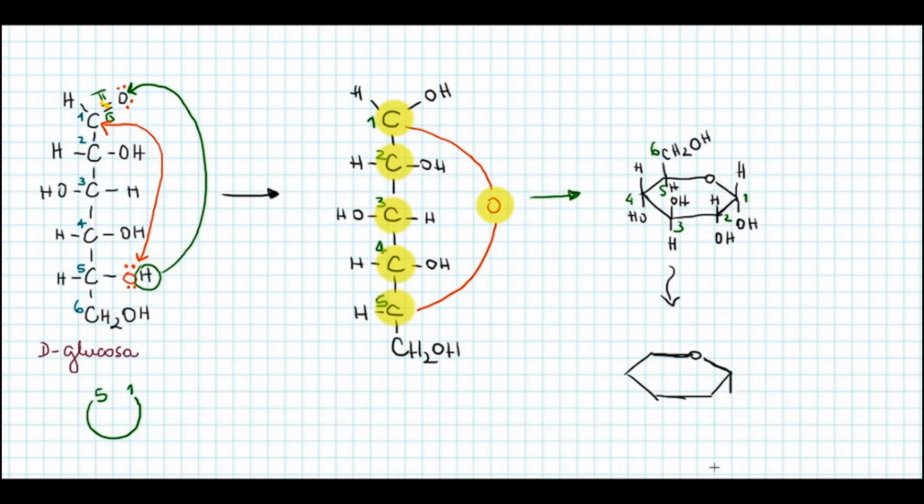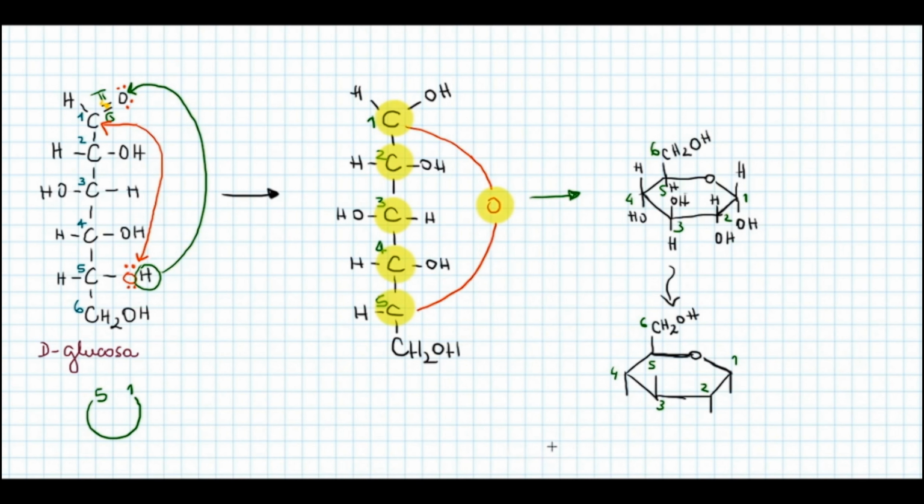Carbon 2, the hydroxyl group is downwards. Carbon 3, the hydroxyl group is upwards. Carbon 4, the hydroxyl group downwards. Carbon 5, I am going to write the terminal group and renumber: carbon 1, 2, 3, 4, 5, 6. So then this represents the molecule of cyclized glucose.